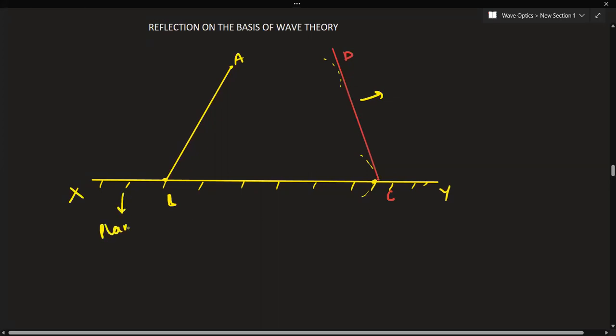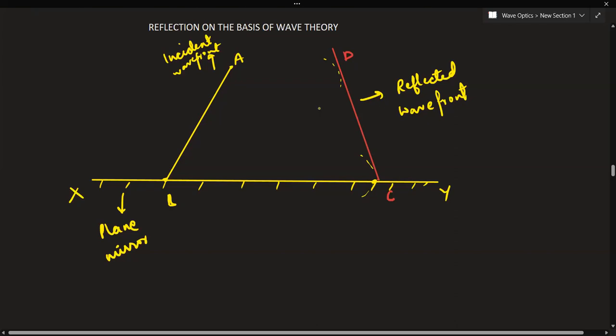Consider this as a plane mirror only. AB is the incident wavefront and CD is the reflected wavefront.